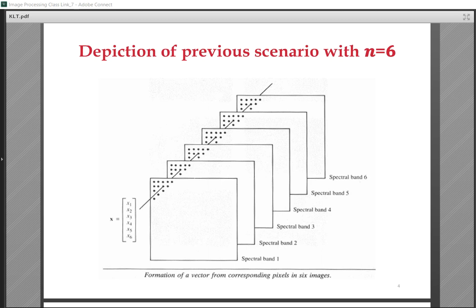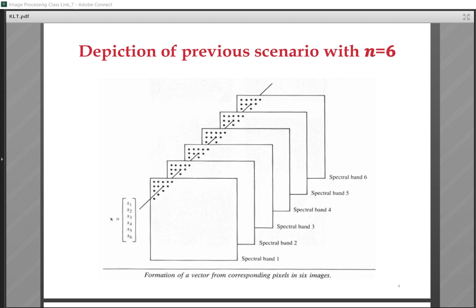Go to here. Here's a good presentation. For example, a derivative of the previous scenario with n equal to 6. This is image 1, image 2, image 3, etc. For example, 6 images, such as spectrum band 1, spectrum band 2, up to spectrum band 6. This transform is good for multispectral image processing.